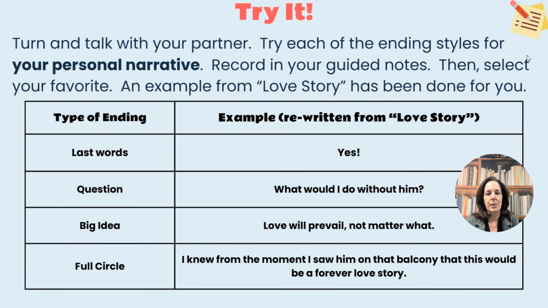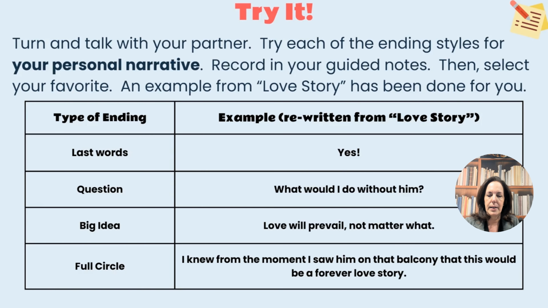You're going to turn and talk with your partner and try each of the ending styles for your personal narrative. You're going to record it in your guided notes. Then select your favorite. An example is done for you. So here's the type of ending, the last words, and I just wrote yes. A question.